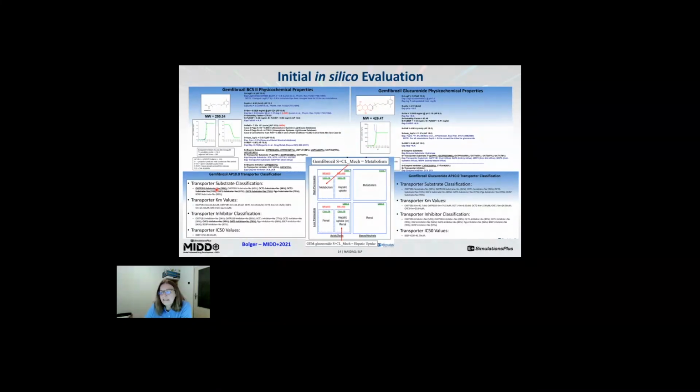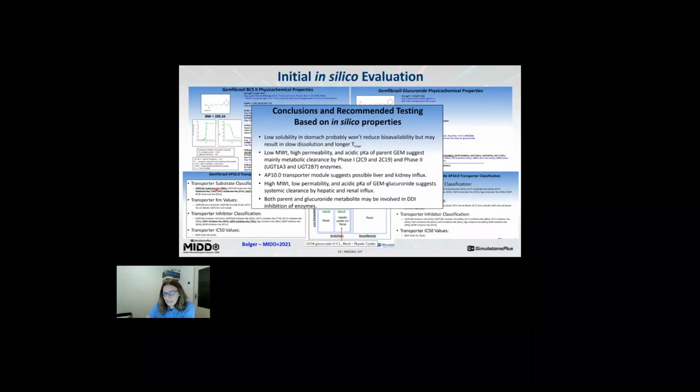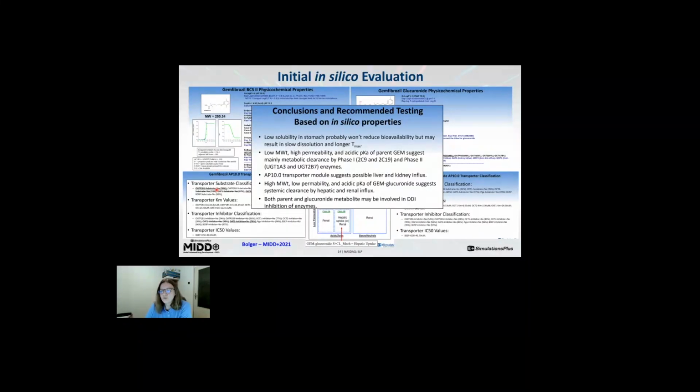Are there any potential issues that we might need to look into? Specifically for Gemfibrozil, reviewing the information on the properties and on potential involvement of enzymes and transporters, we came up with a list of points to keep in mind as we build the models. Looking at whether solubility or permeability may be an issue, what kind of clearance mechanisms we need to pay attention to, whether transporters might be important for the PK of the compound, and so on.